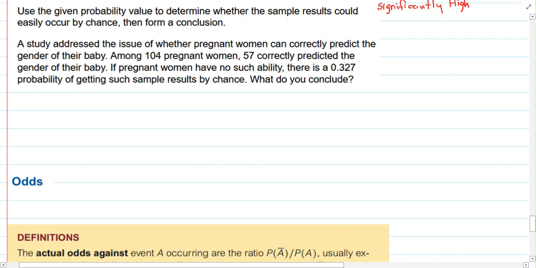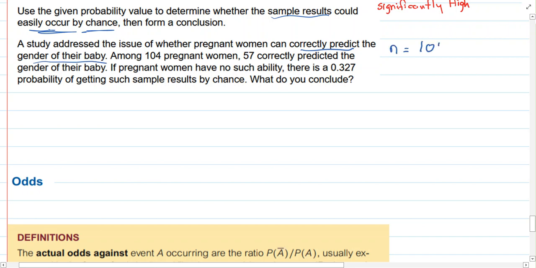Okay, so here we go. Use the probability value to determine whether the sample results could easily occur by chance, then form a conclusion. All right, so we're evaluating. We're given the data this time. A study addressed the issue of whether pregnant women can correctly predict the gender of the baby.